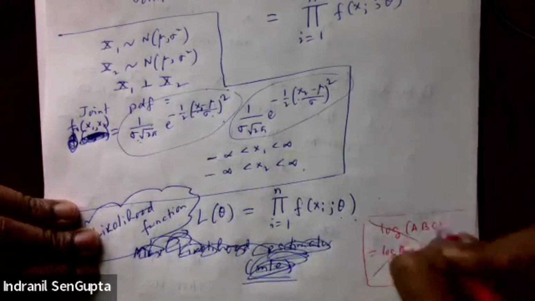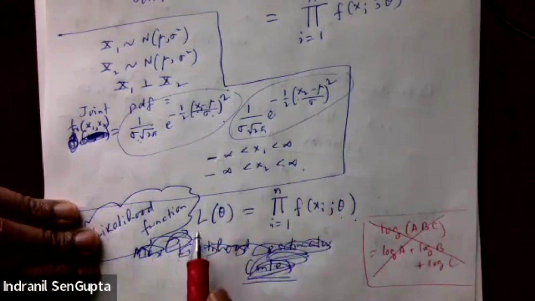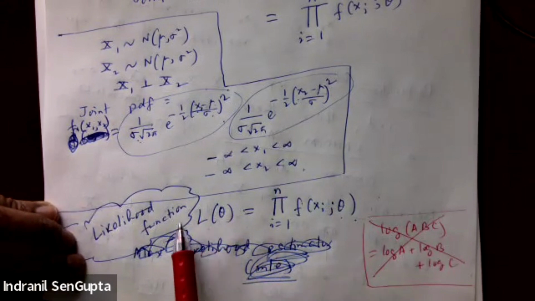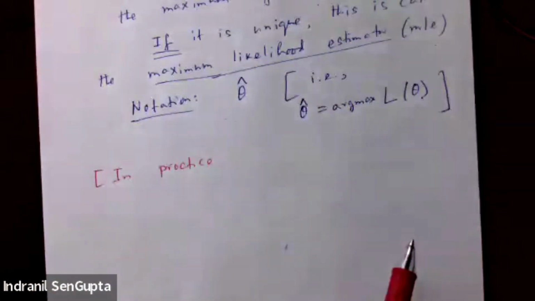So we take the log of this likelihood function, which is the log likelihood function, and we maximize it. It's exactly the same as what I just discussed in step 1 and step 2, except just to make it a little easier, we take the logarithm of both sides.